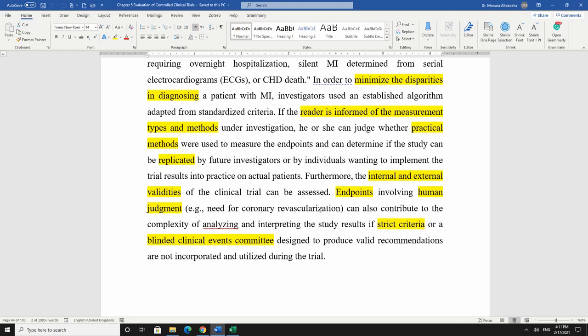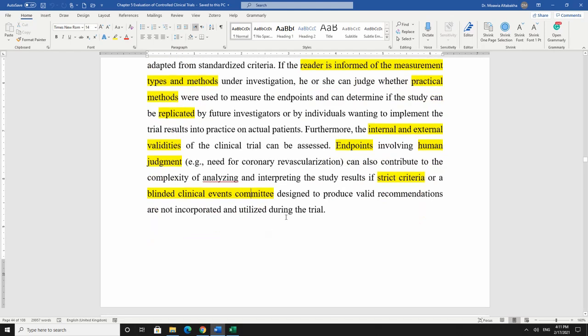Sometimes it depends on human judgment, and in this case we might need a blinded endpoint committee, okay, we call it a clinical events committee, in order to determine whether the outcome has happened or not.